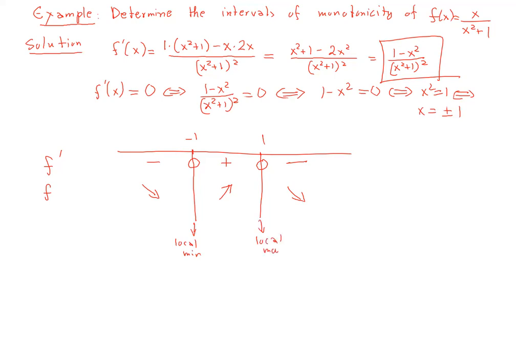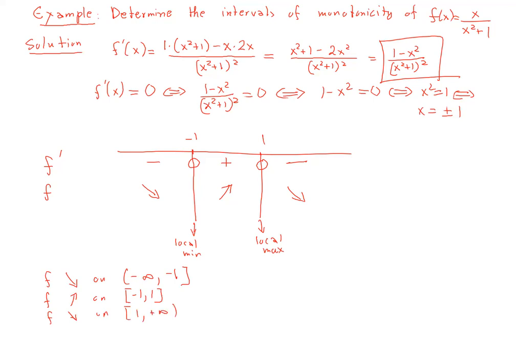And now we can give our answer by saying that f is decreasing on the interval from -infinity to -1 closed. F is increasing on the interval from -1 to 1 closed, and f is decreasing on the interval from 1 to infinity.